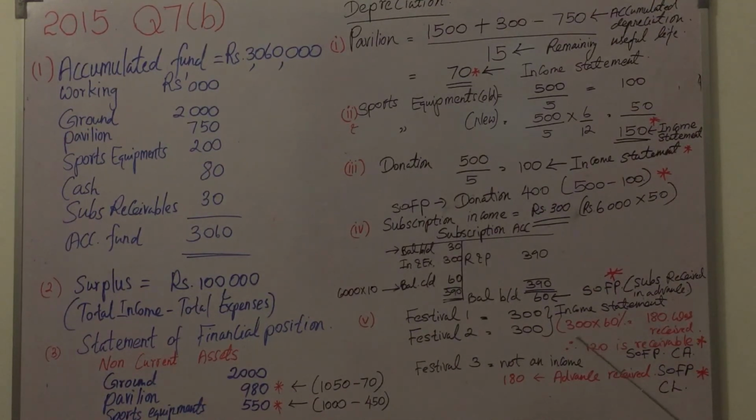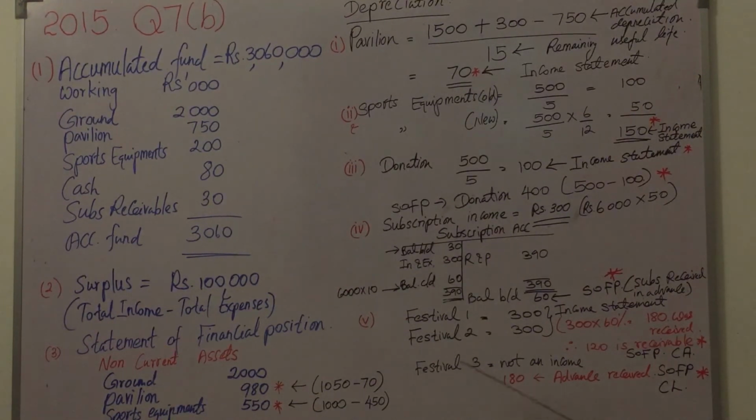So 300,000 in festival number 2, 300,000 into 60%. So you have received only the advance, 180,000 was received. Right? So the remaining amount, 300 minus 180, 120 is receivable. So this receivable by the end of the year you need to include in the SOFP under current assets.